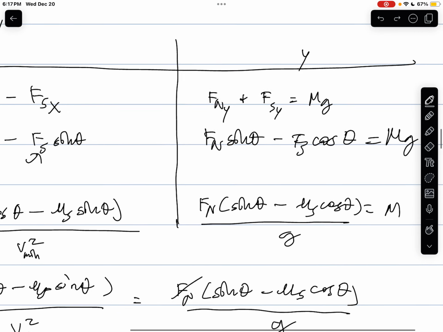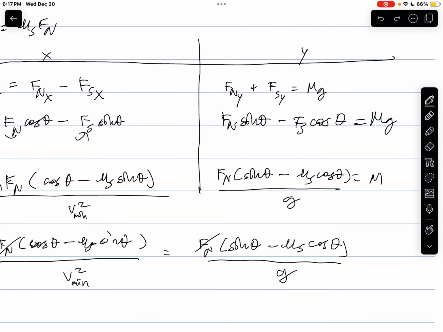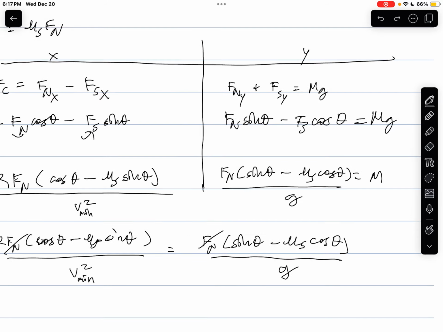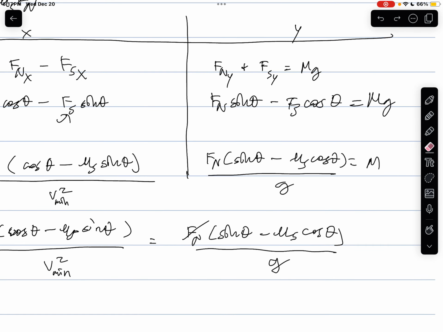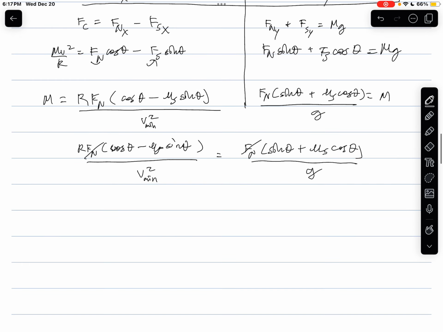I will make a drawing later to show you what I mean, but for now I know that FNY plus FSY is going to equal MG, because there's no acceleration in this Y direction. And like before, to find V, I can just isolate both sides for M, set them equal to each other, take out the Fn from both sides, and then cancel out the Fn.